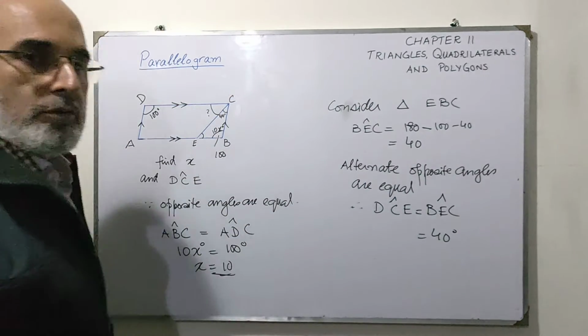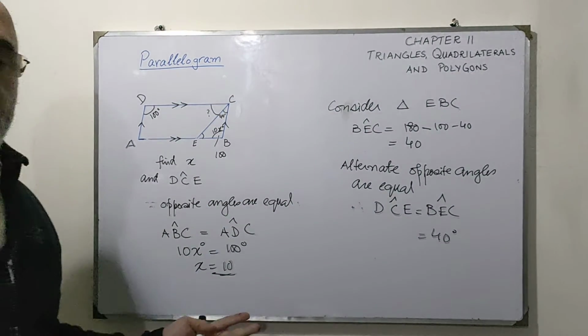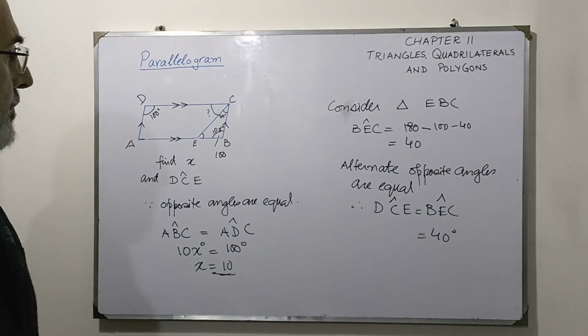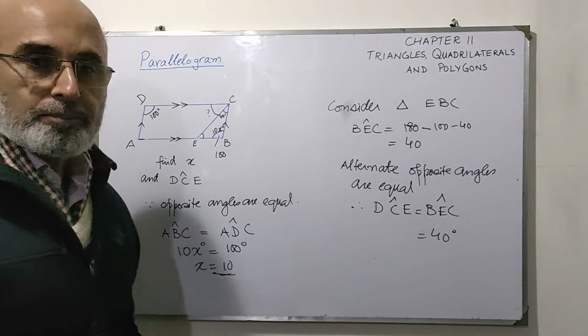So we have our values. Okay. Hope you got the idea how we are dealing with it. So now let's do an example of a trapezium.